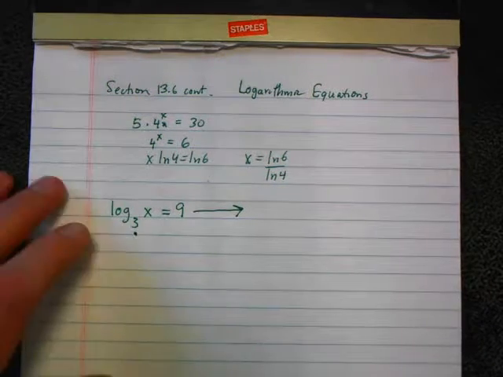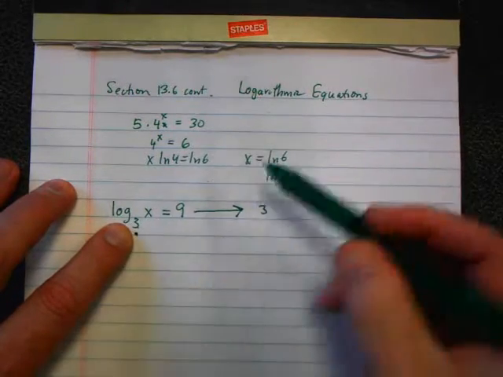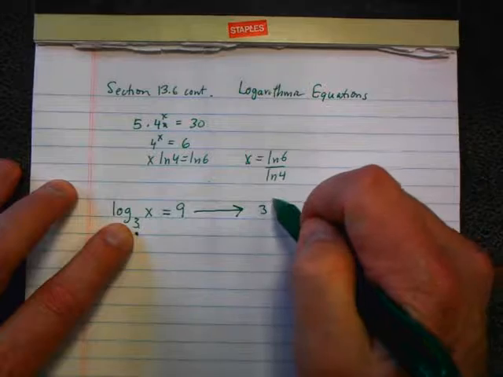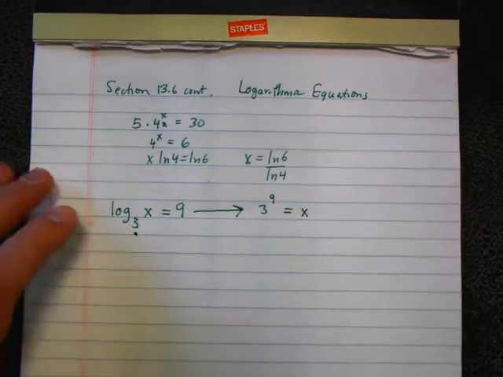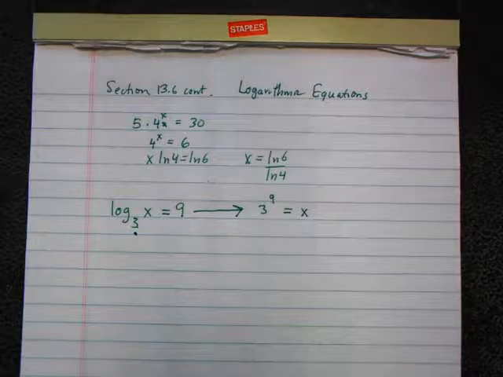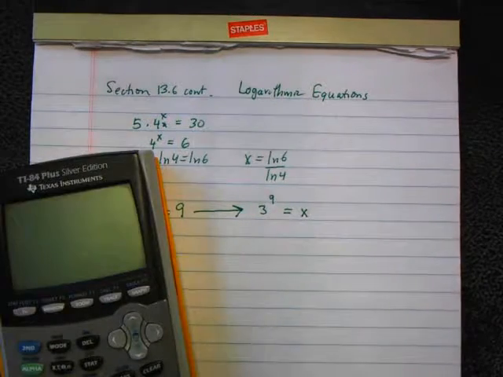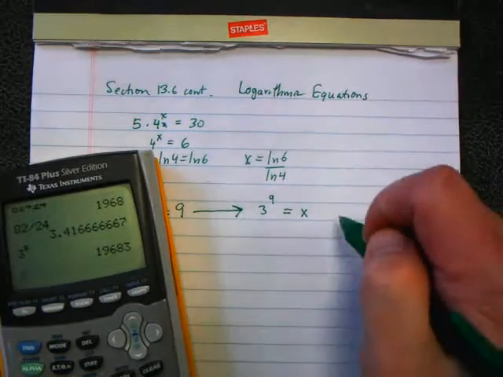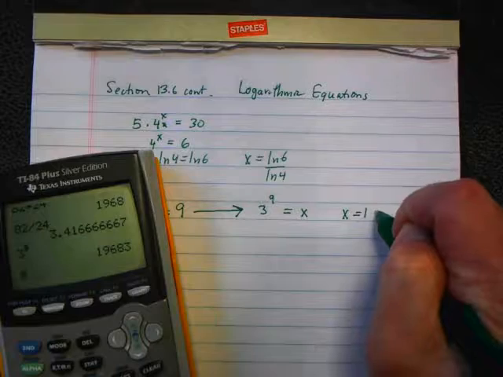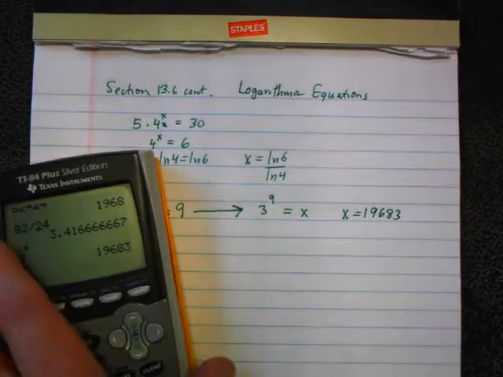Exponential form would be base, which is 3, to the answer, which is 9, equals x. From there, I guess we could grab our calculator. 3 to the 9th, that's a pretty big number. So x is 19,683.